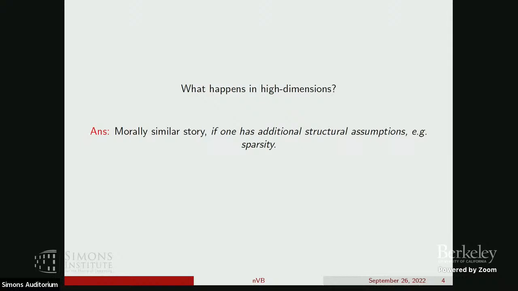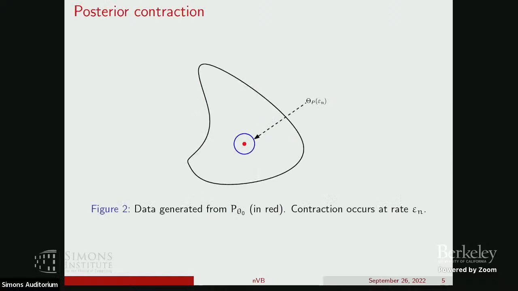One of the canonical stories in this regard is if you assume that you have some data generating truth P of theta naught, where the vector theta naught itself has some structure. For example, it might be sparse. Under these kinds of sparsity assumptions, a similar story has started to emerge. You still have your parameter space, some data generating truth, and your posterior distribution.